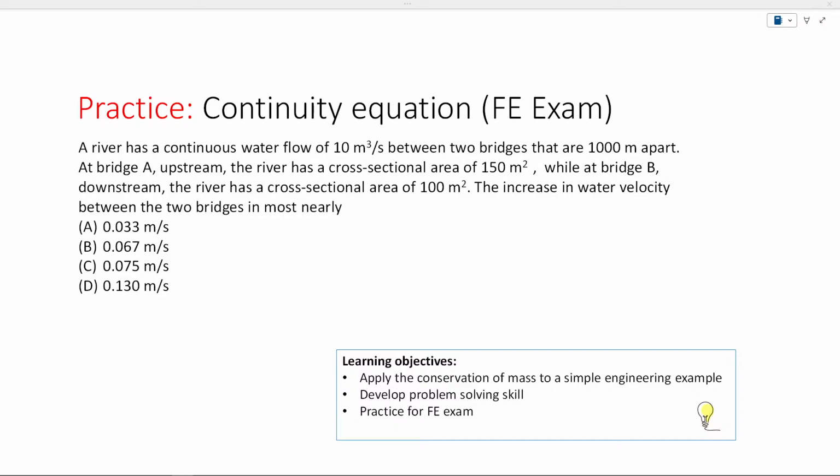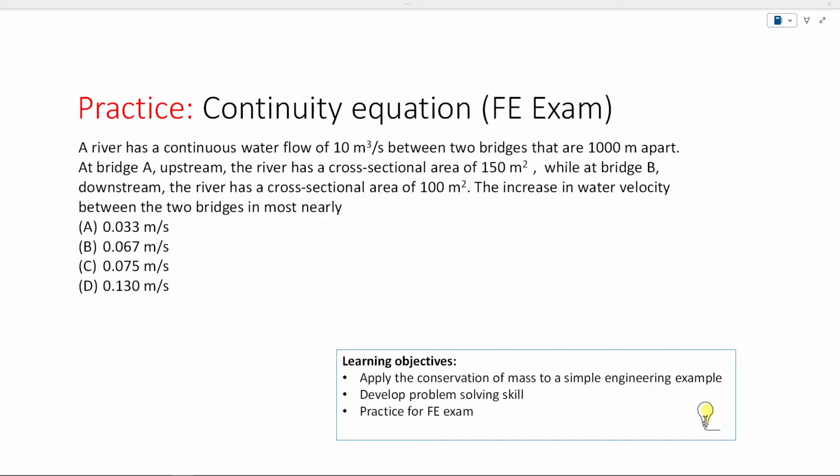So let's see how we are doing in time here. I think we're doing okay. A river has a continuous water flow between the two bridges that are some meters apart, whatever.